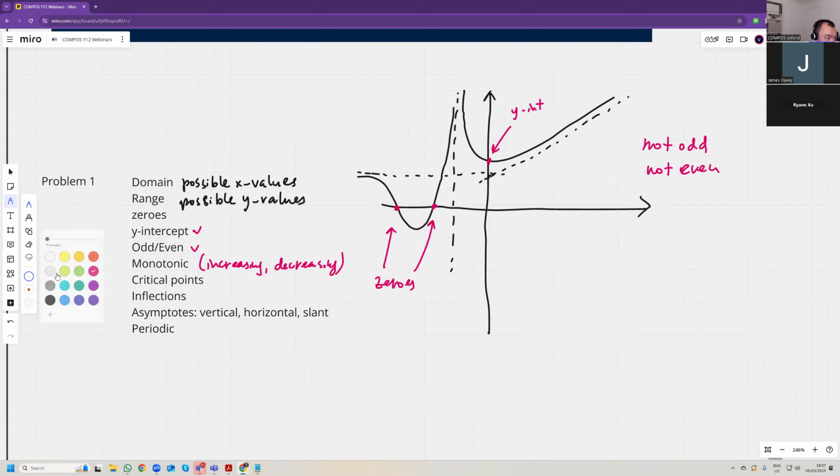Critical points. So critical points is where the derivative is zero. So f prime is zero. This is a critical point, this is a critical point. So let's label them as critical points.